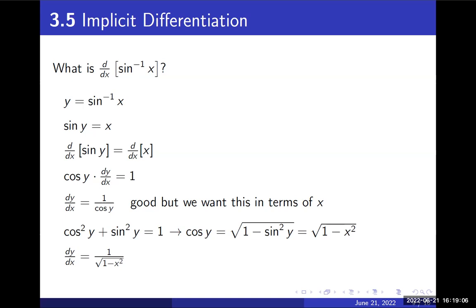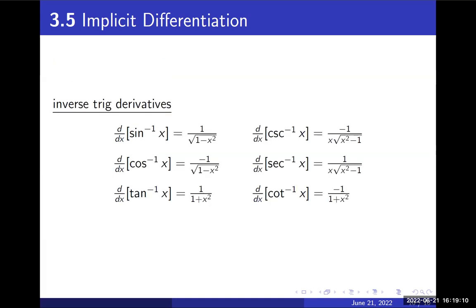Okay. I'm just going to tell you the rest of them. Here it is to wrap up our section, the 6 inverse trig derivatives. We've got the derivative of arc sine of x, what we just saw, 1 over the square root of 1 minus x squared. The derivative of arc cosine of x, look at that. It's the same, just negative: -1 over square root 1 minus x squared. Interesting.